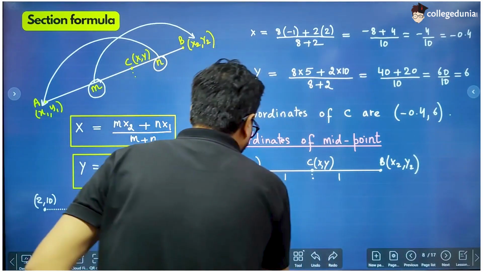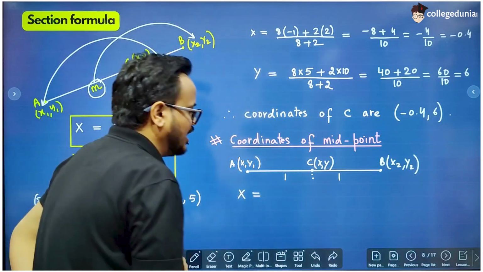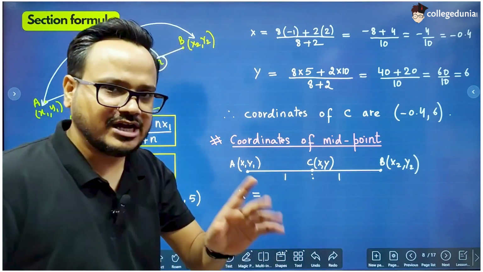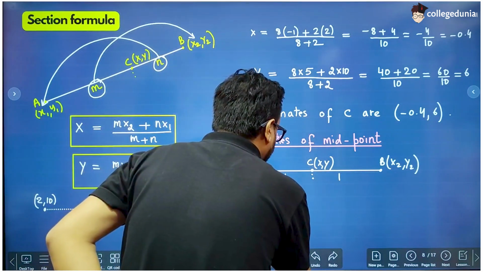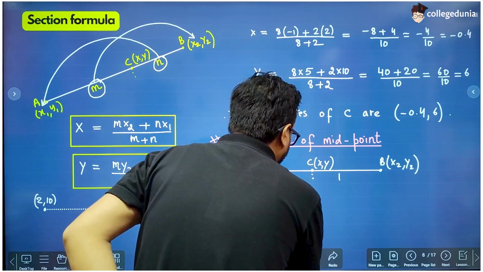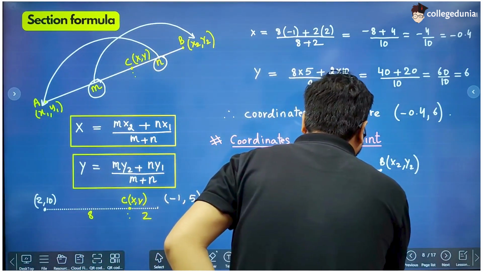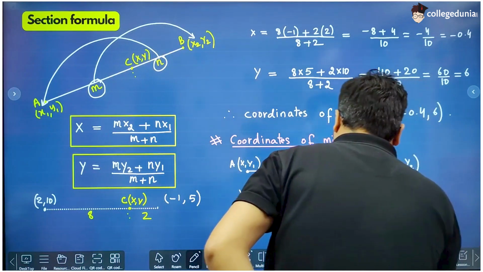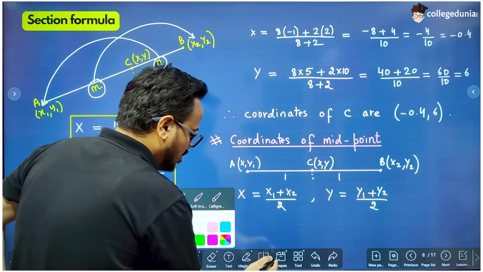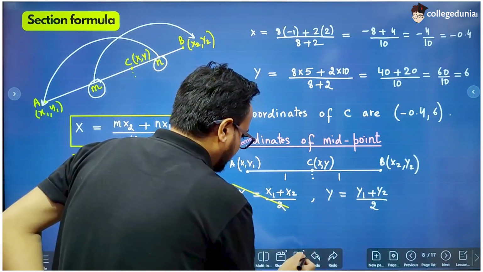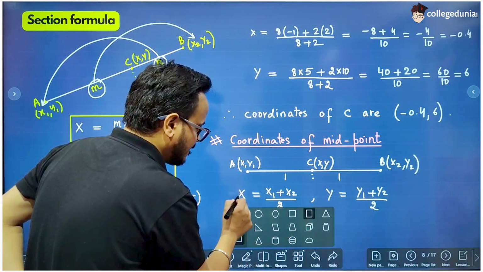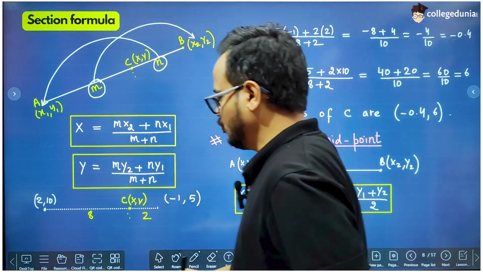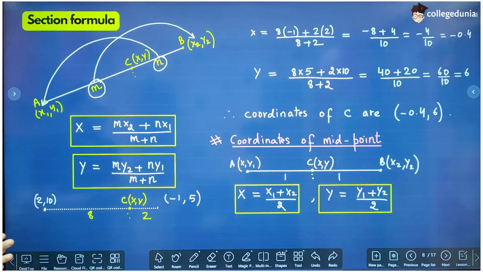The x coordinate is 1 into x2 plus 1 into x1 divided by 1 plus 1, that is 2. So the x coordinate is x1 plus x2 divided by 2, and the y coordinate is y1 plus y2 divided by 2. This is a very important result using section formula to find the coordinates of the midpoint.